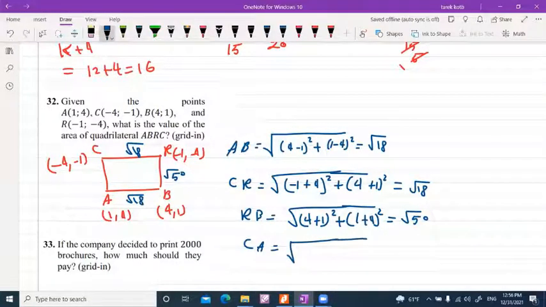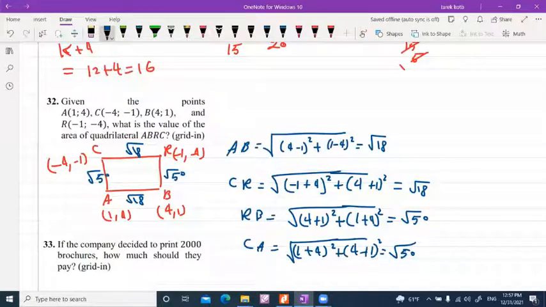It will be 1 plus 4 all squared plus 4 plus 1 all squared, so it is also root 50. But I have to make sure that this angle is 90, so that it will be a rectangle.